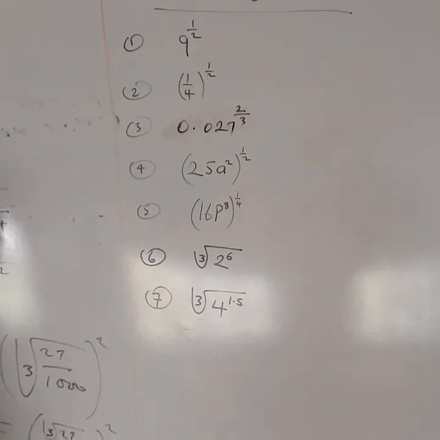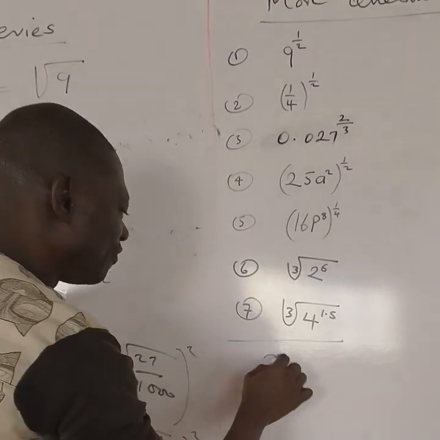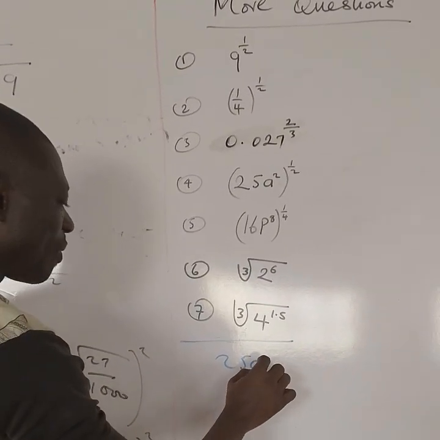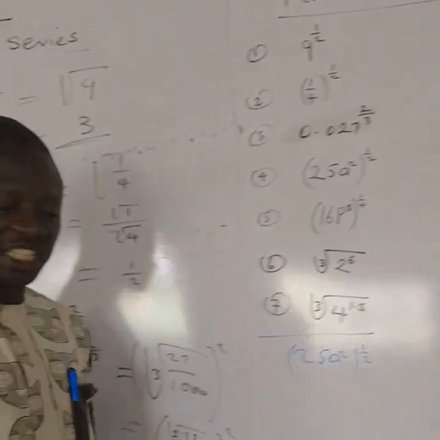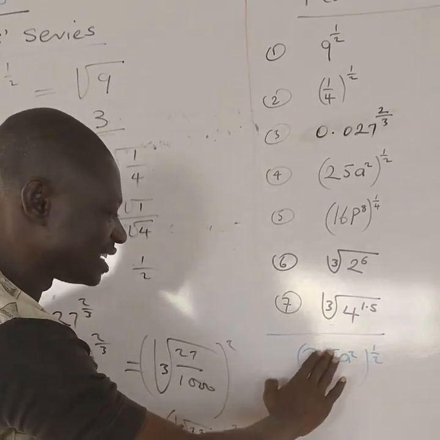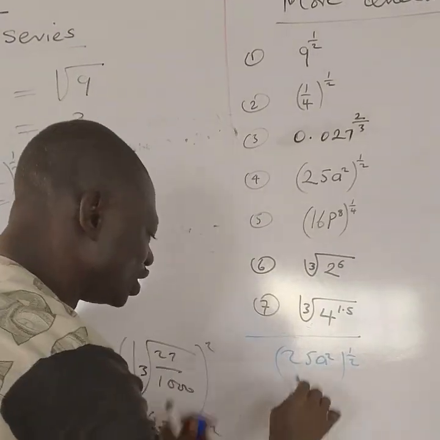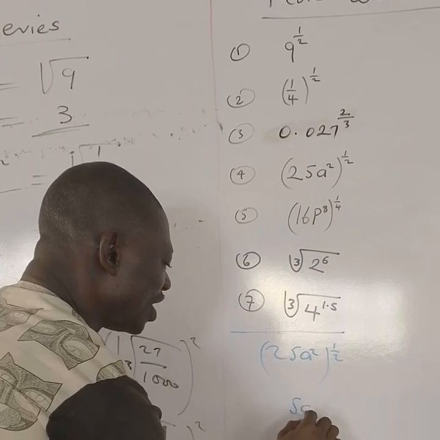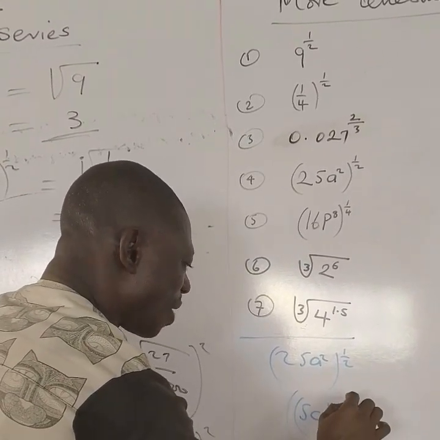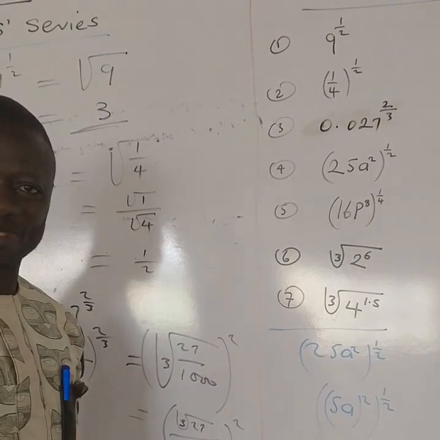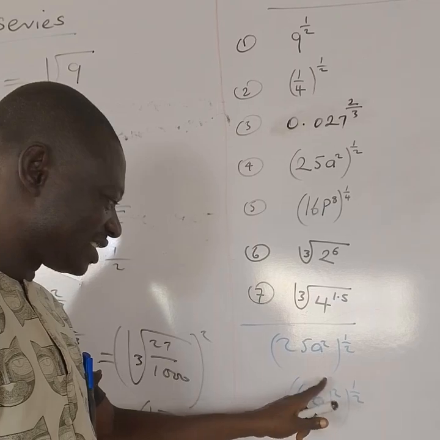In question number 4, we have 25a raised to the power 2, all raised to the power half. In this case, we consider the whole of this as one thing, yes, not two things. So we can even change it to become 5a raised to the power 2, all raised to the power half. So in this case now, we are looking for the square root of all of this.